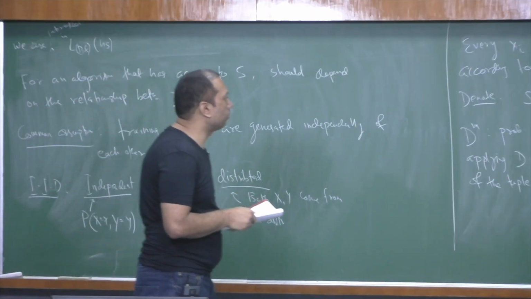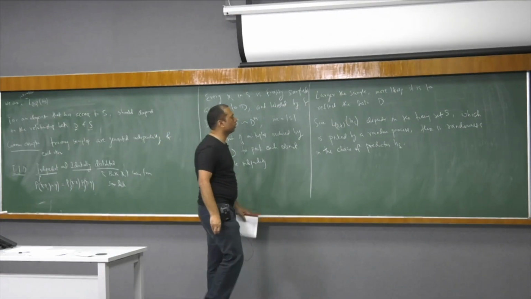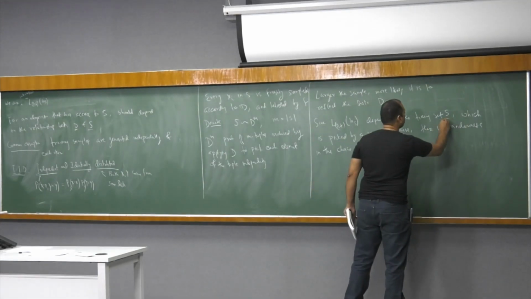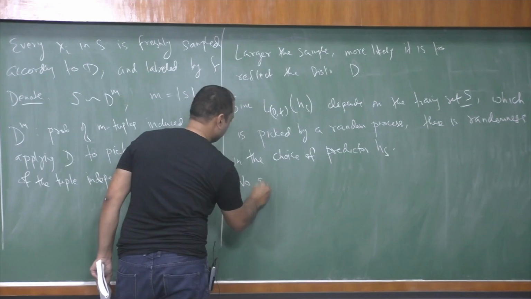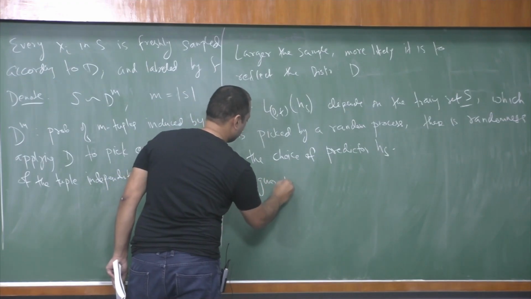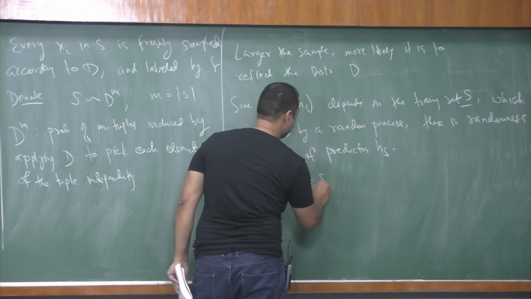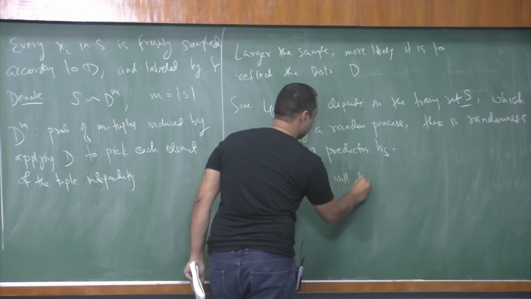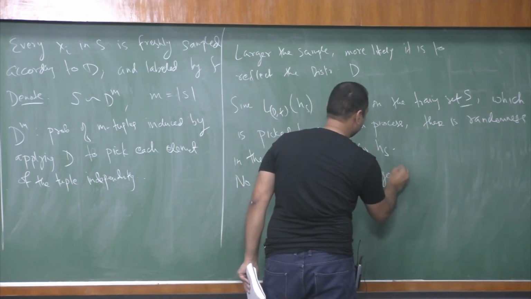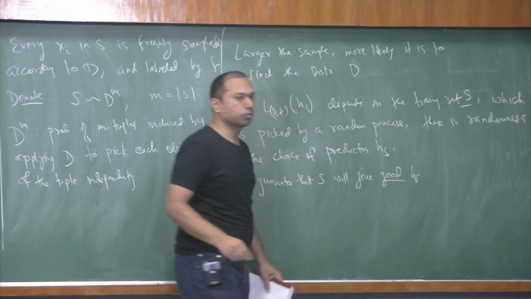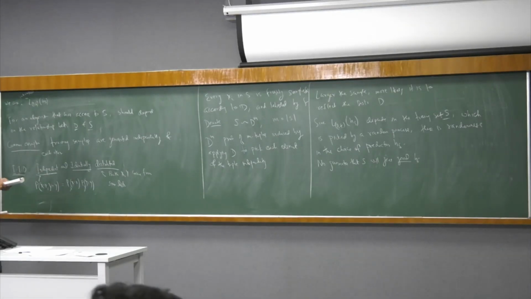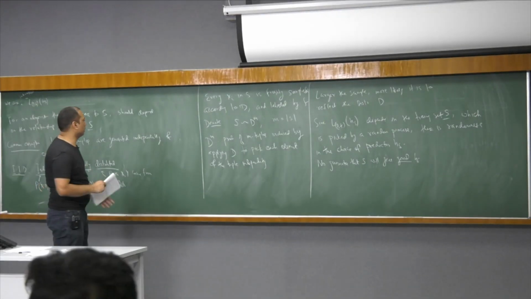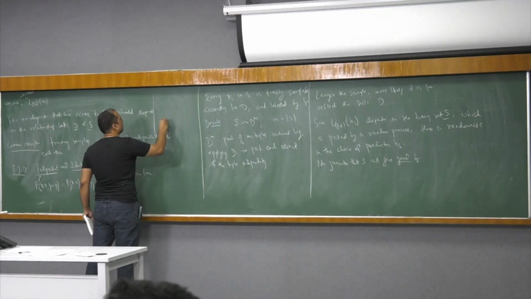So as I said, there is no guarantee that S will always give you a good h_S, right? It's obvious, right? And if the sample is bad, h_S is going to be bad, okay? So if you look into the papaya example, if you remember, we started with those examples in the beginning.